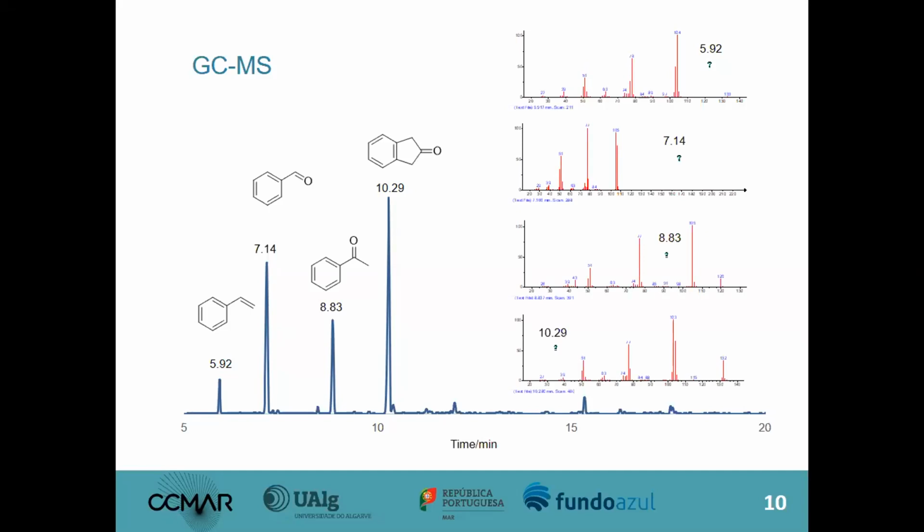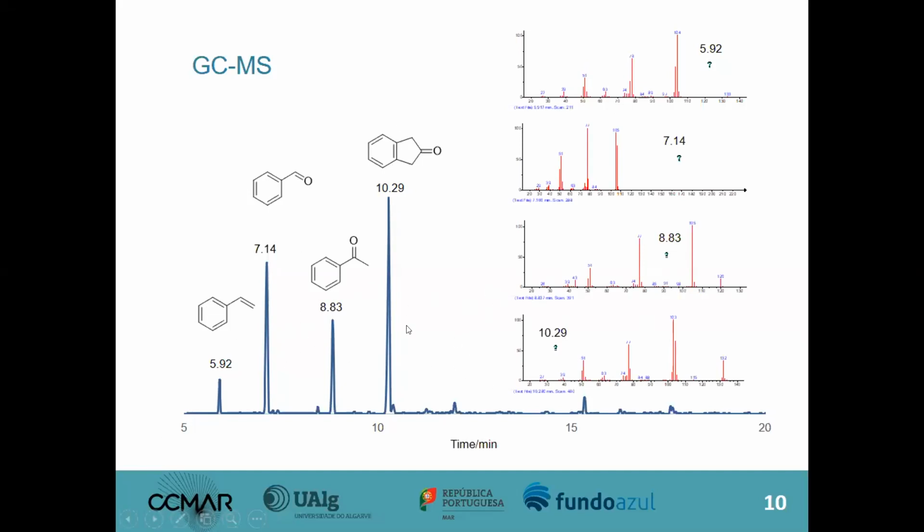And the fourth one was assigned to indenone. So with this information, we assign all of these compounds using the mass spectra, and all of these products match with the thermal degradation of polystyrene. And in fact, this is the product.